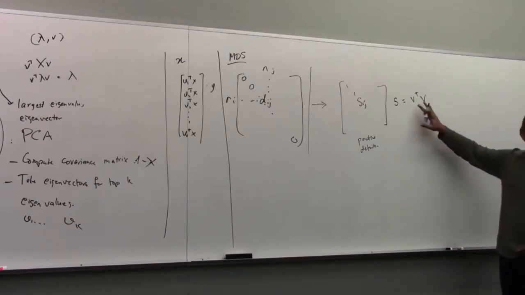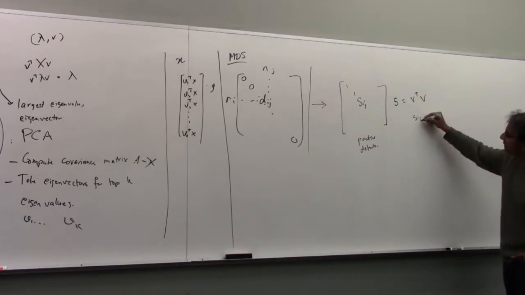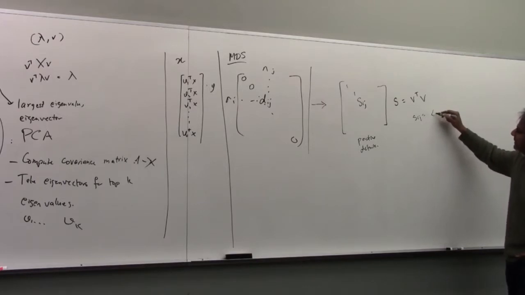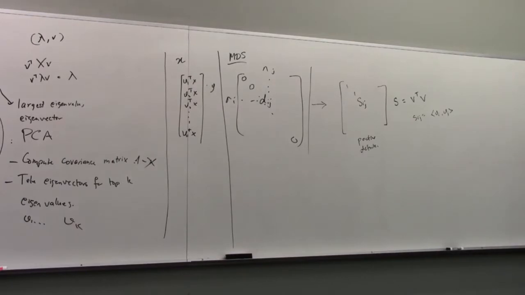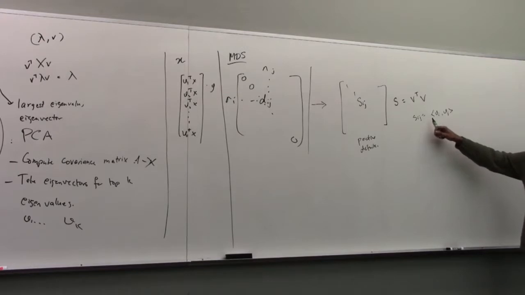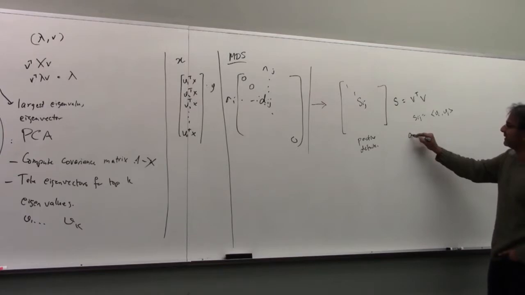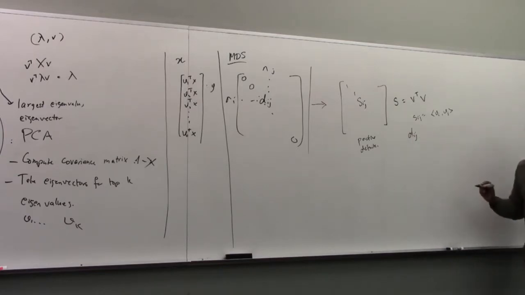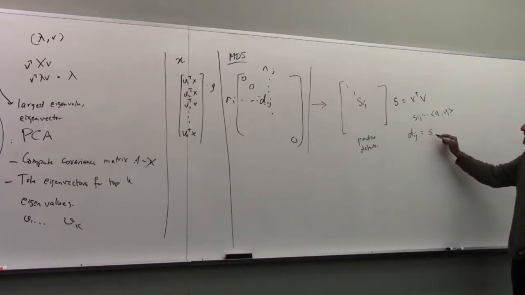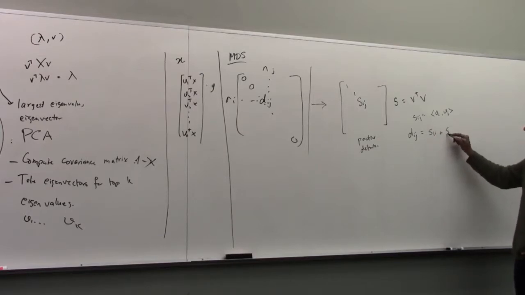If you think of this matrix now, the entry Sij can be written as the dot product of Vi and Vj. But now we're in business. Because if I have similarities between things measured as Vi and Vj, I can now write the distance between two things in this new space as Sii plus Sjj minus 2 Sij.